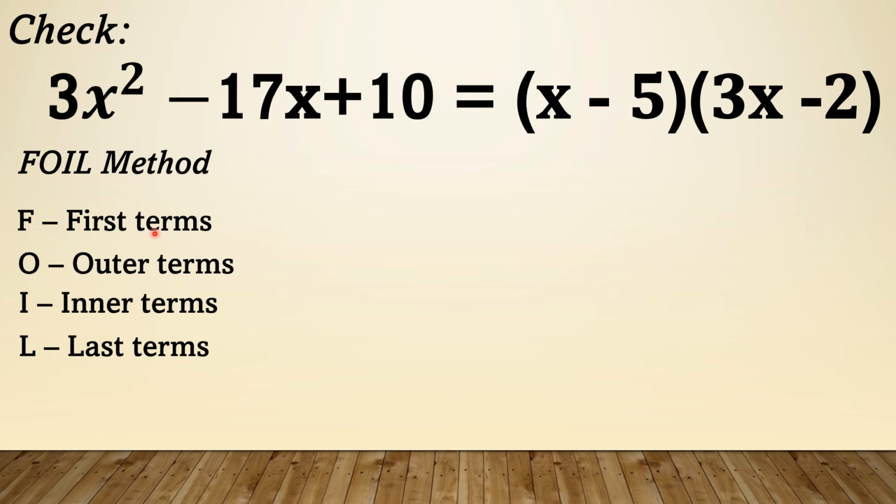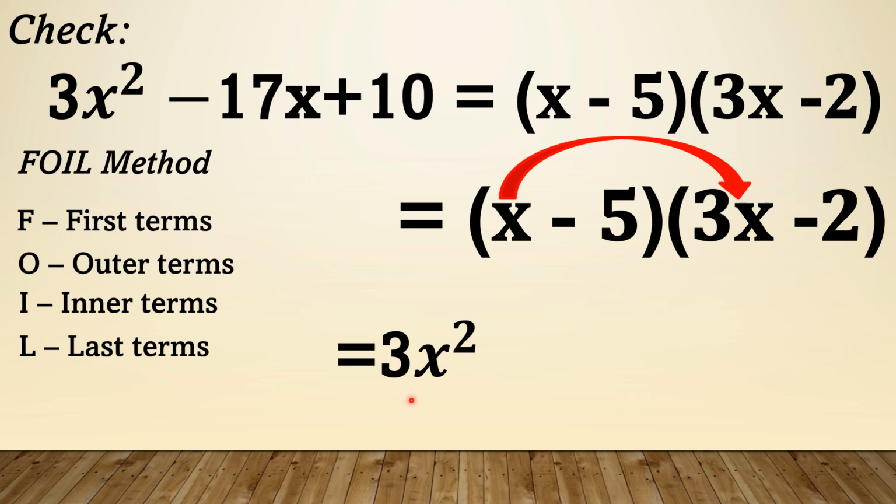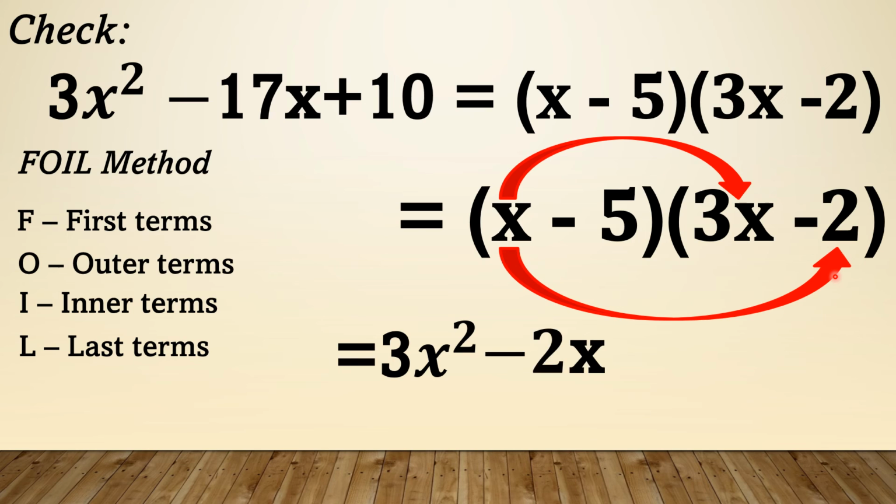So first terms, outer terms, inner terms, and last terms. So multiplying the first terms, we have x times 3x. The result is 3x squared. Next, we have the outer terms. Multiply x times negative 2. The product is negative 2x.